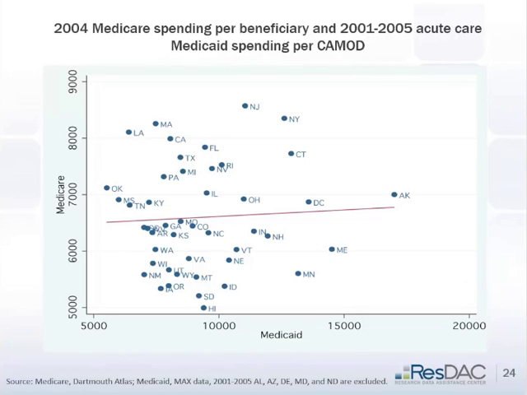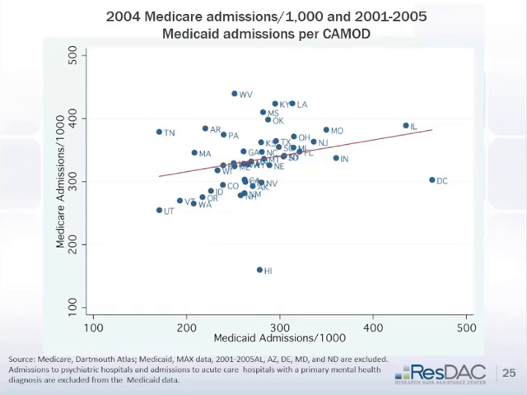This is a scatter plot, so not much of an association here between Medicare and Medicaid. And then we decided to say, well, what about separating it by inpatient versus outpatient? Here is inpatient, so a little bit more of a relationship. The line is a regression line between the two.